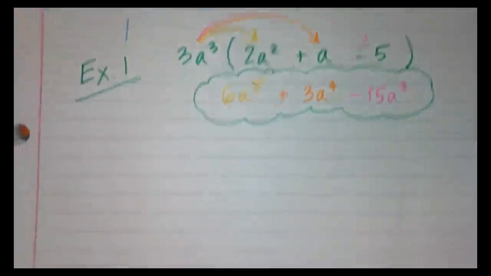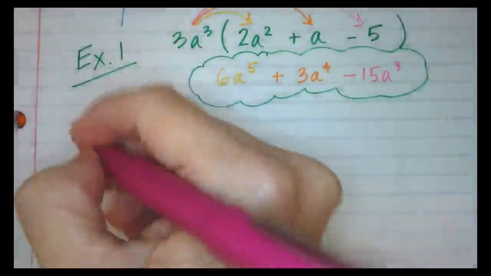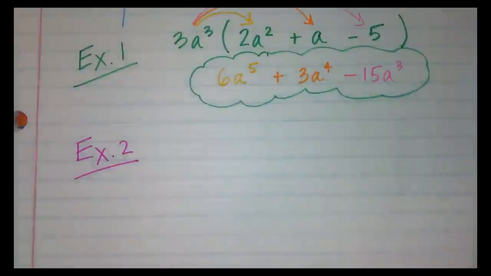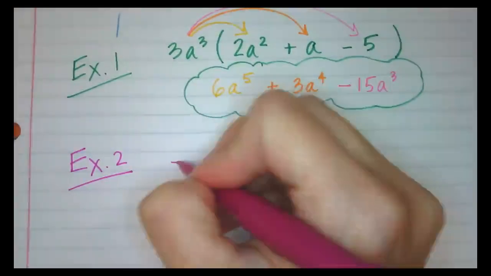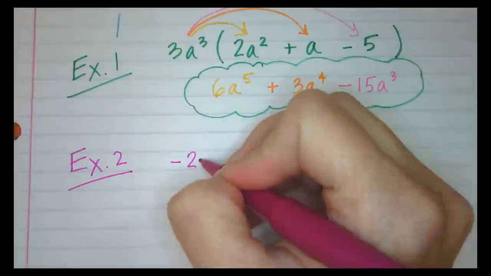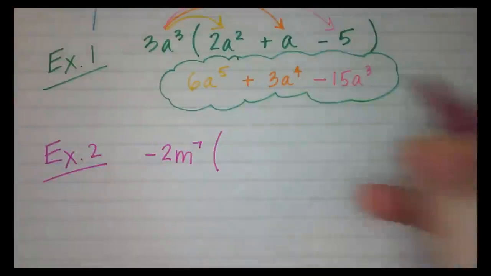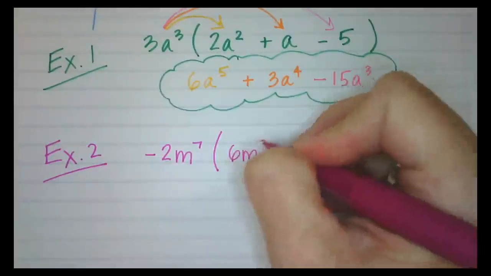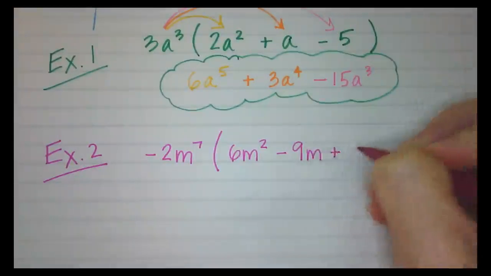All right, let's go to example number 2. Let's try negative 2m to the 7th, and we're going to multiply that with 6m squared minus 9m plus 1.